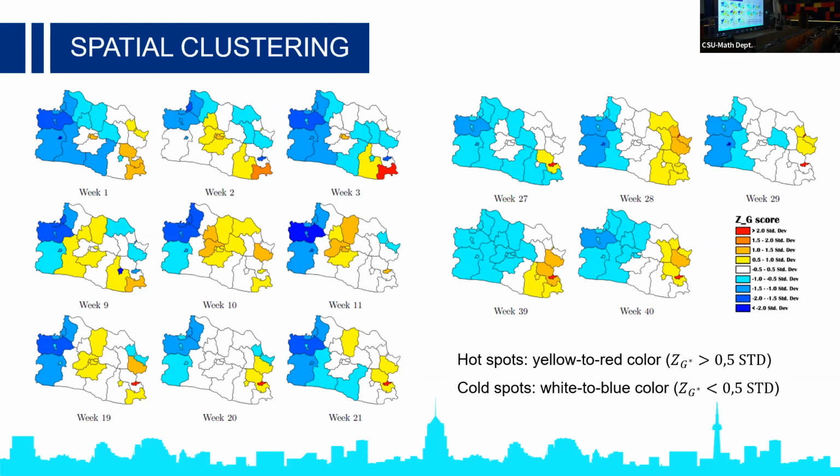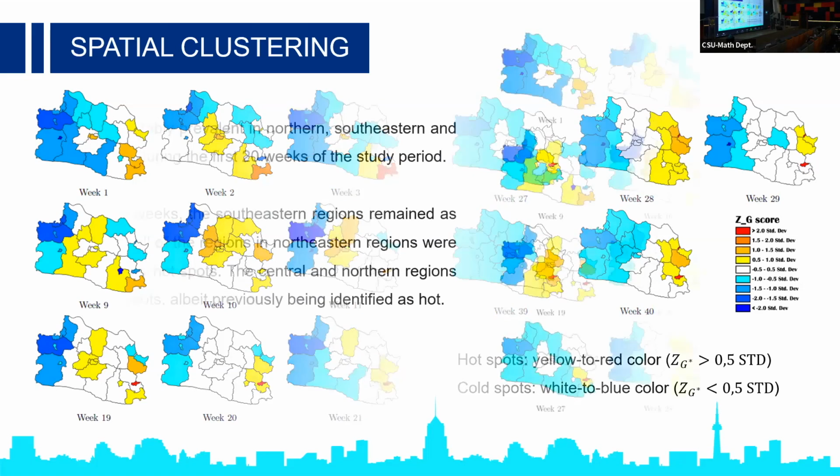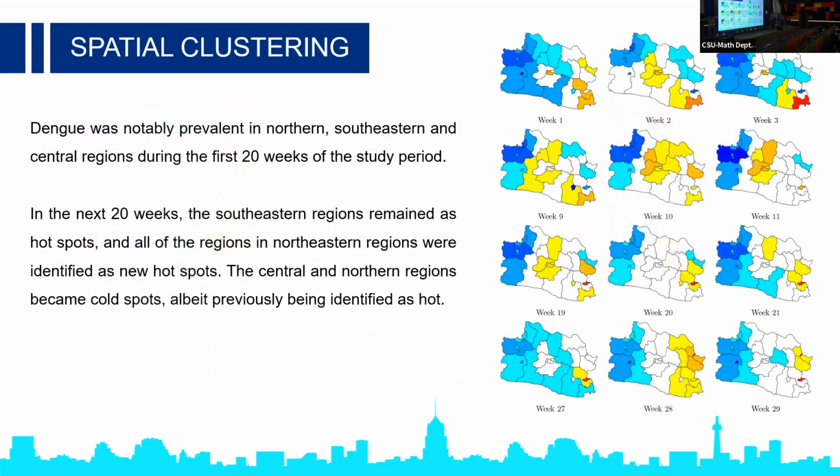So what we're going to do, we will analyze the transition of the spatial clustering. Dengue was notably prevalent in the northern, southeastern, and central regions during the first 20 weeks of the study period.